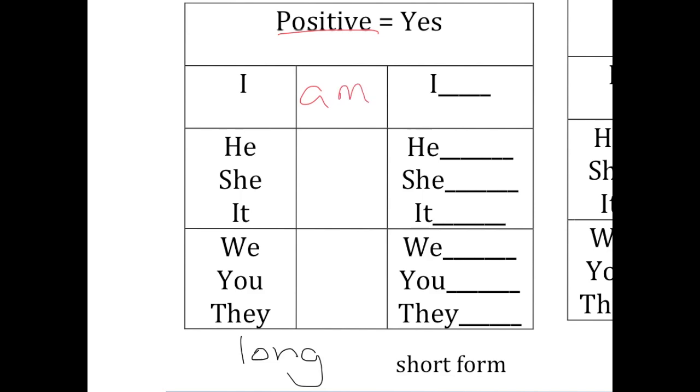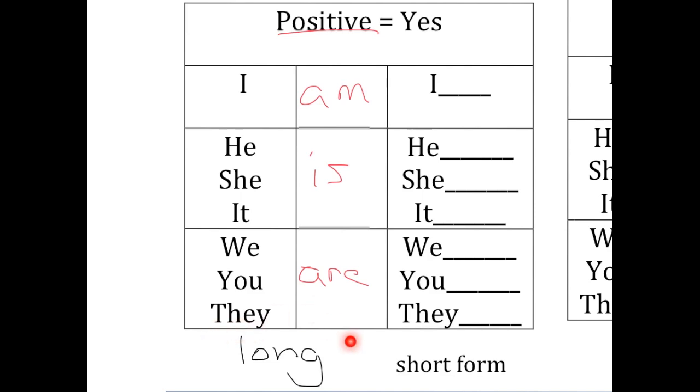For he, she, and it is. And we, you, they are. So I am, he is, she is, it is, we are, you are, they are.